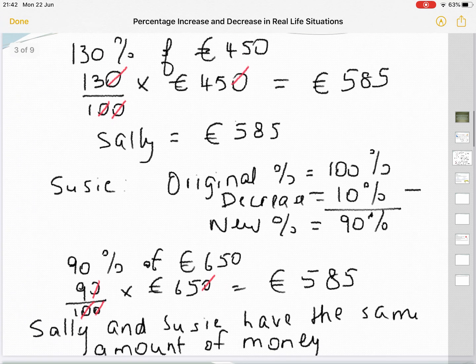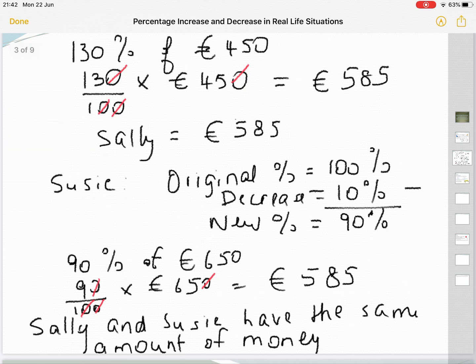Okay, so we worked the amount obtained by Sally, we worked the amount obtained by Susie, and in both cases I ended up with 585. That means that both Sally and Susie have the same amount of money.